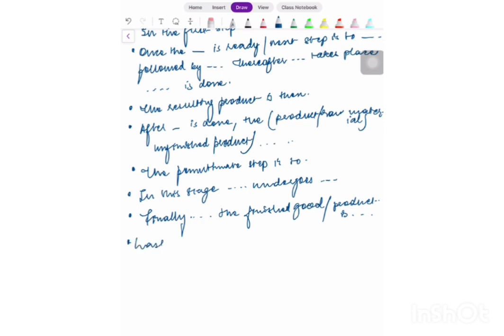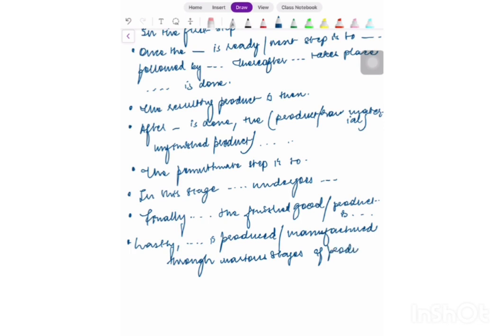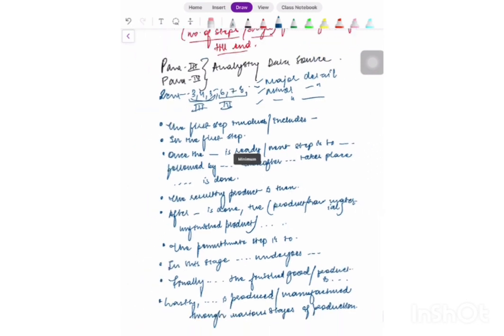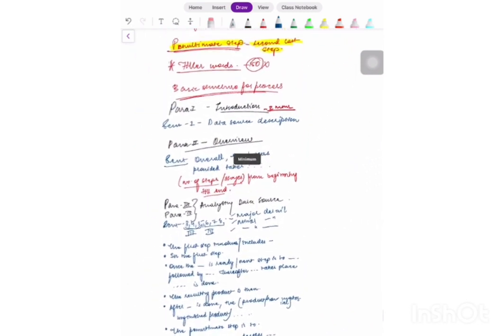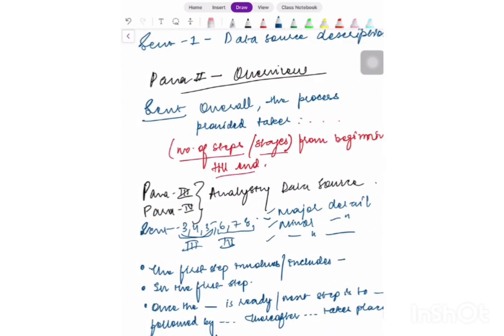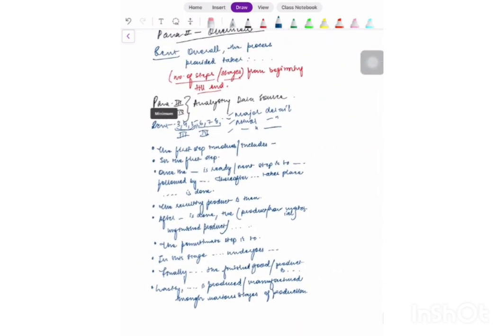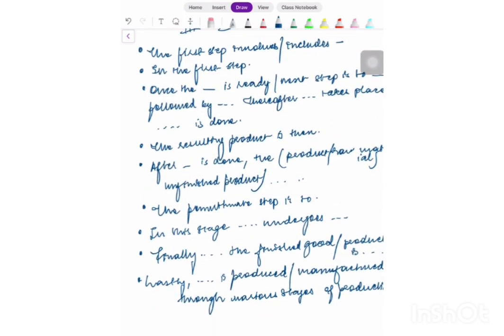Lastly, the dash is produced or manufactured through various stages of production. So these are the lines and sentences that you can use, ready-made sentences as per your question requirement. Then you won't have to use much brain. All you have to do is write as per the question process, whatever is given to you.